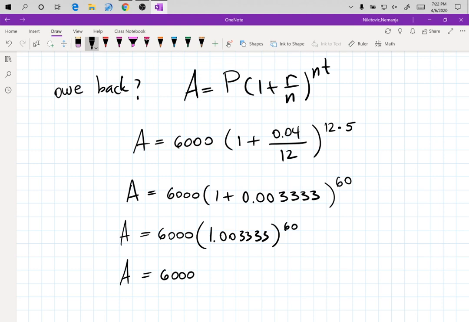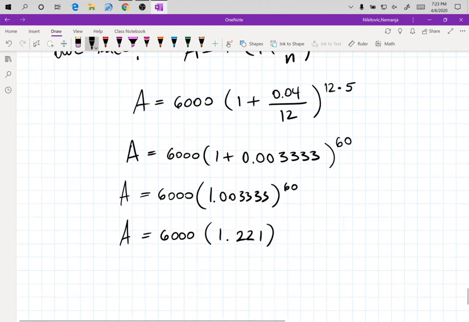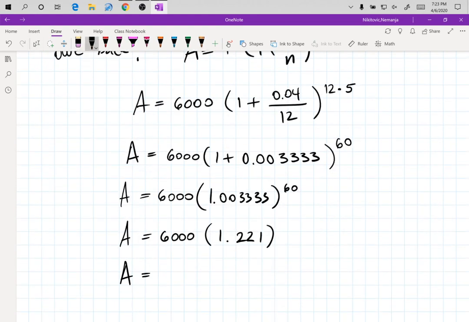So it's going to be 6,000 times 1.22099, so 1, and then the next number is 0, but we don't need to write 0. And then I multiply that by 6,000 to get that the money that we owe back is $7,325.98.